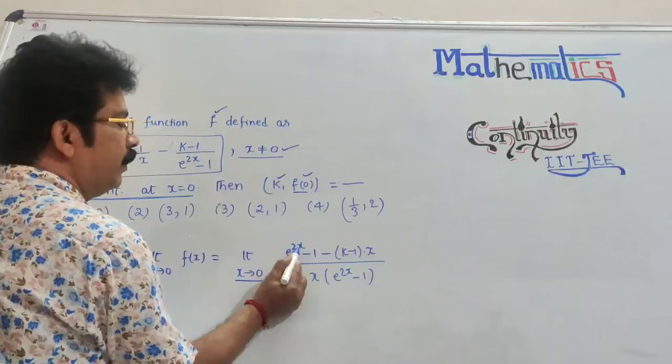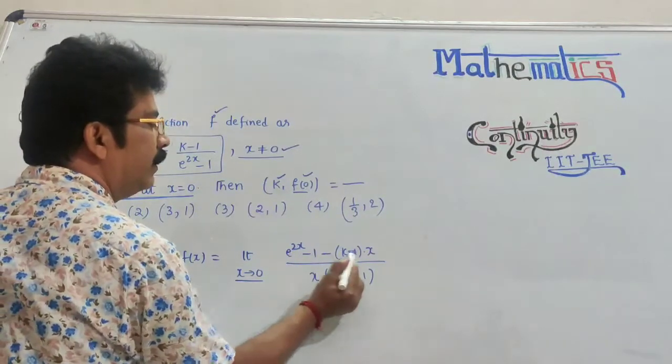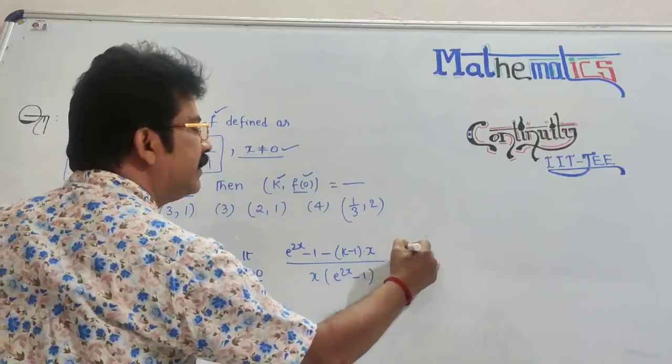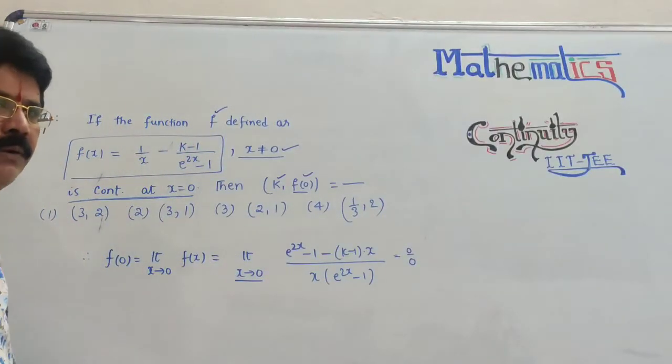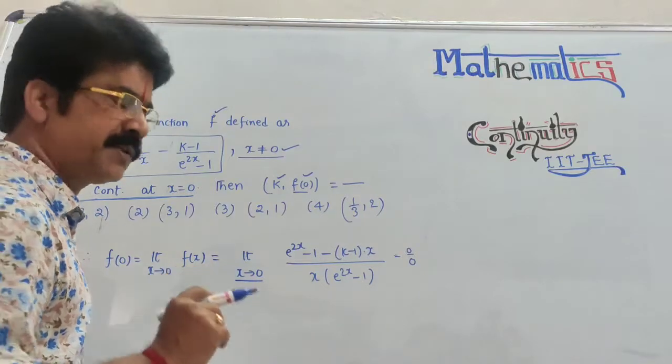Then e power 0 is 1, 1 minus 1 is 0, 0, 0. It is 0 by 0, which gives 0 by 0. That's why we are applying L'Hospital rule.